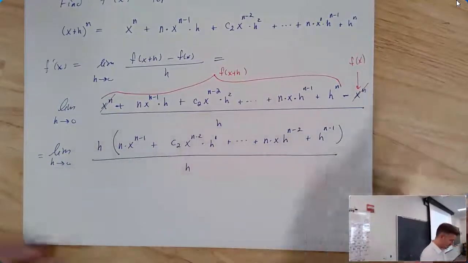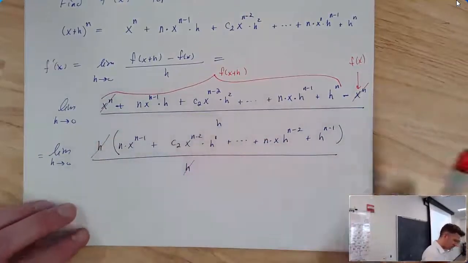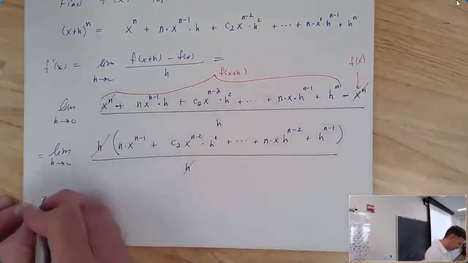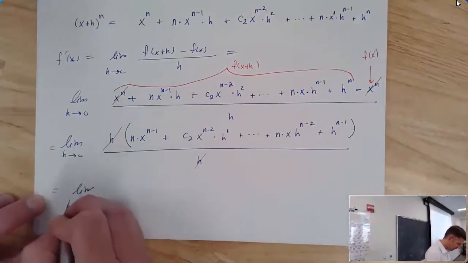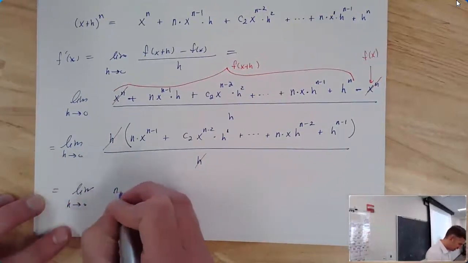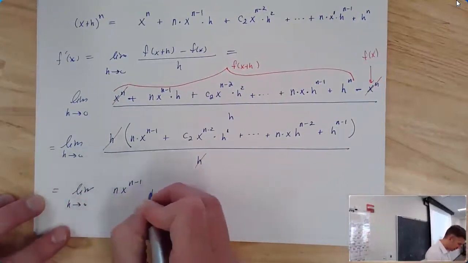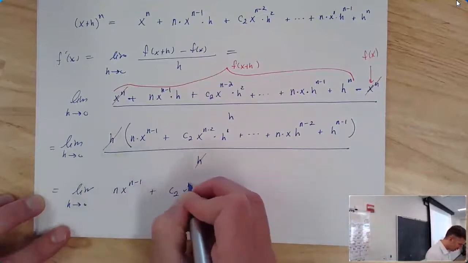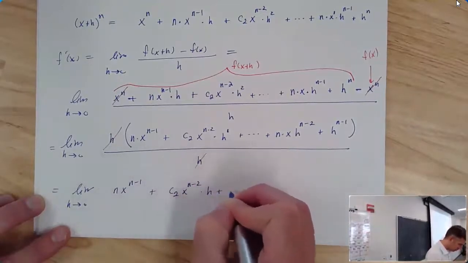Cancel or divide the h's. H divided by h is 1. You can probably skip this step, but I'm going to write that. So now we've got the limit as h goes to 0 of n times x to the n minus 1 plus a lot of other things that all have a factor of h.